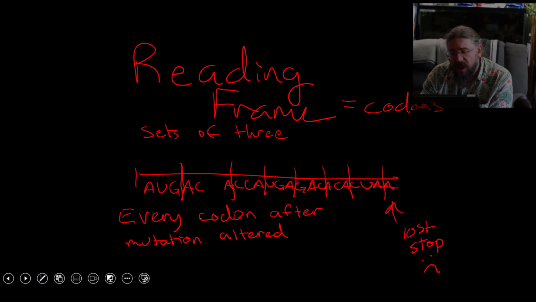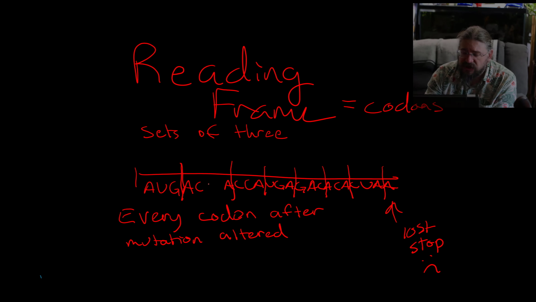So it is possible to have a deletion mutation that is not technically a reading frame mutation. If you do that, it just has to be a multiple of 3, right?